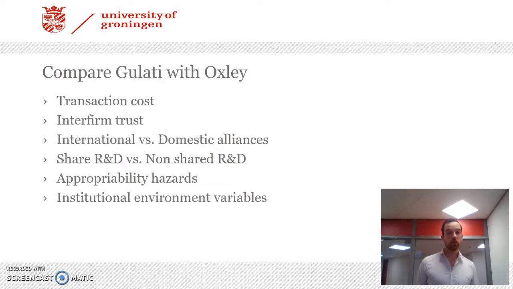The main goal of this article was to find the relationship between governance modes and institutional environmental variables. Oxley also used institutional variables like cultural distance, education, GNP growth, and the rank in the Euromoney country risk rating, however failed to find any significant relationships.